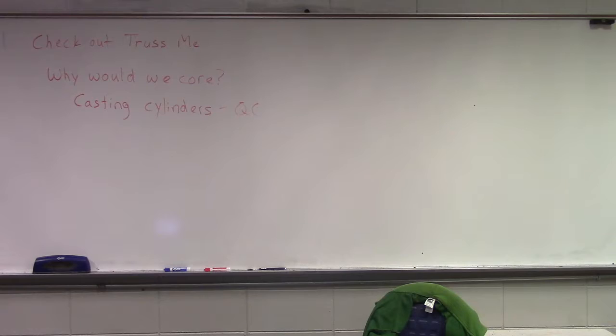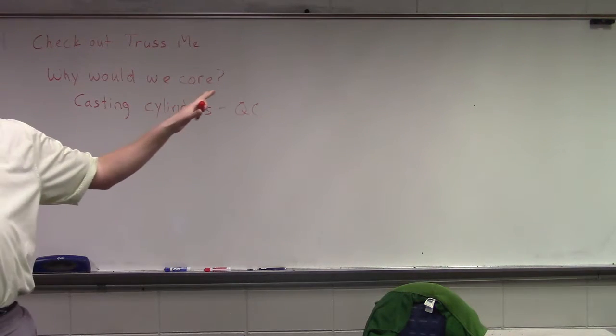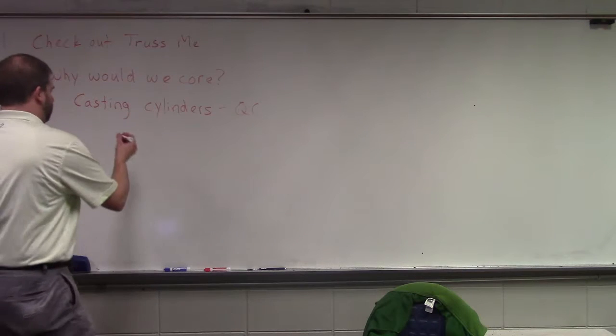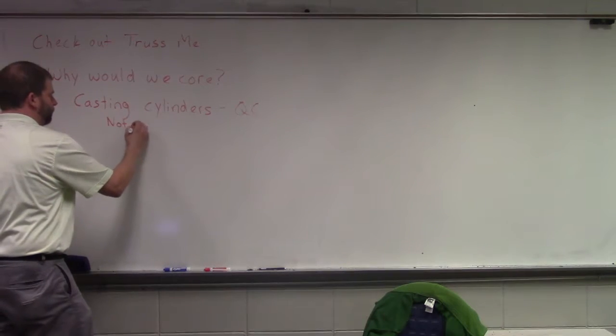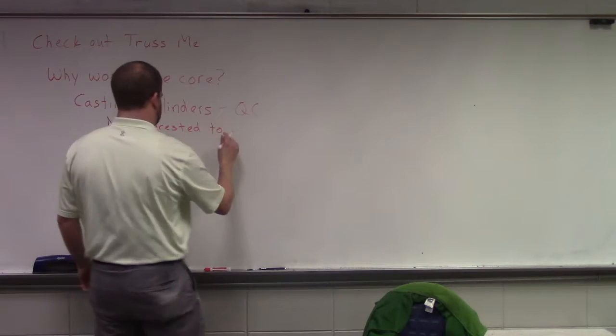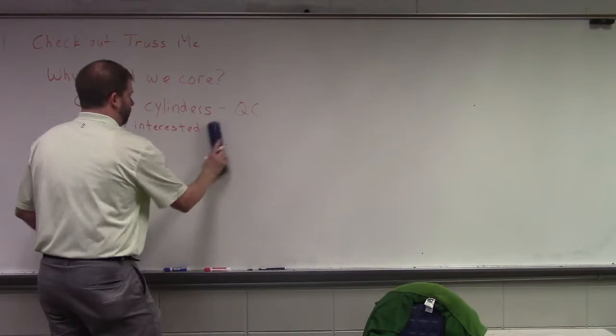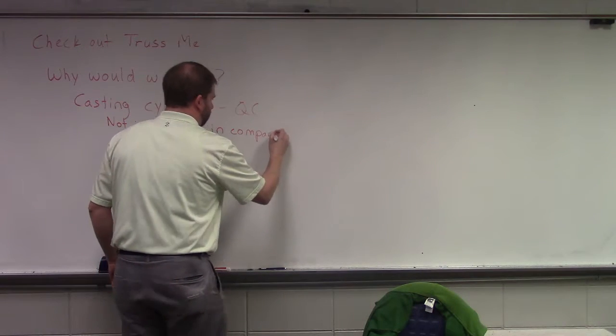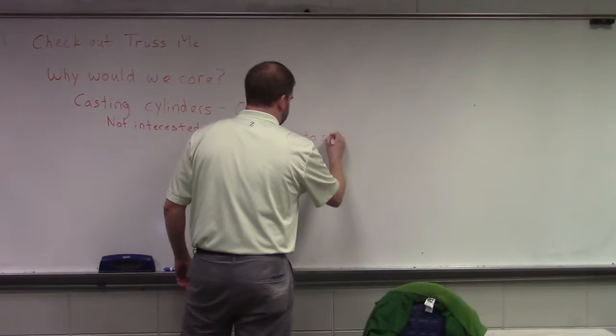So if our little itty bitty cylinders need to be at 4,500 PSI or 5,000 PSI, our structural members are going to be 6,000, 6,500, 7,000, something like that, okay? So we're not interested in comparing them to structures.